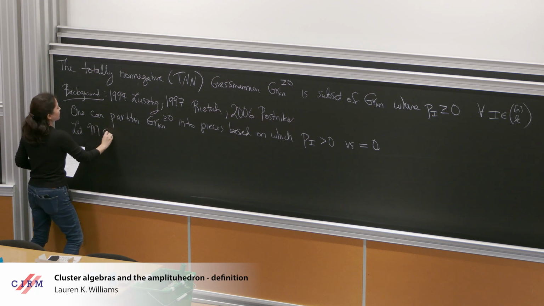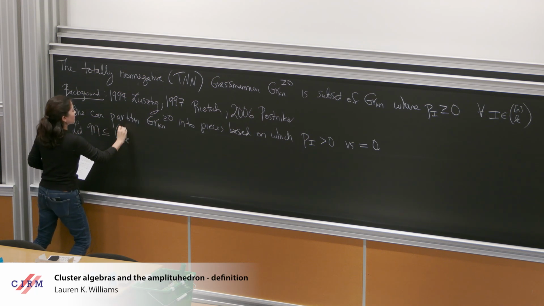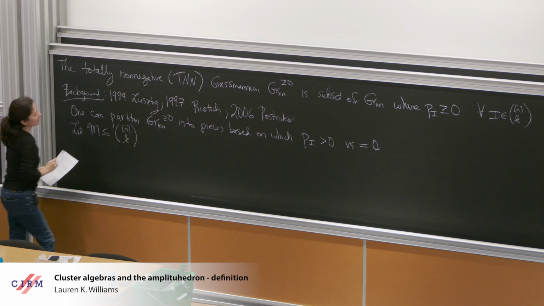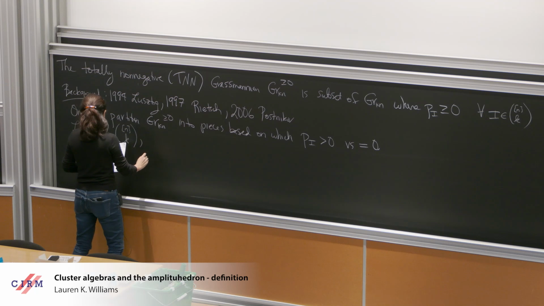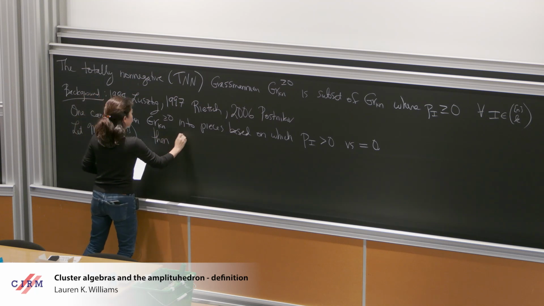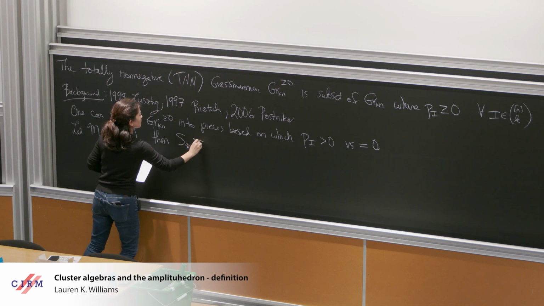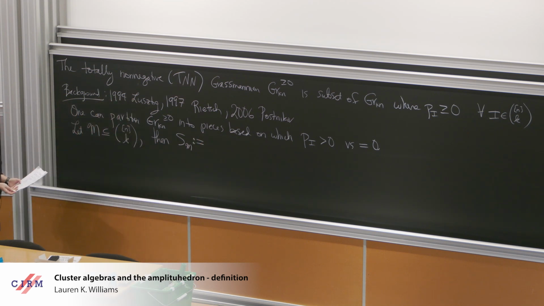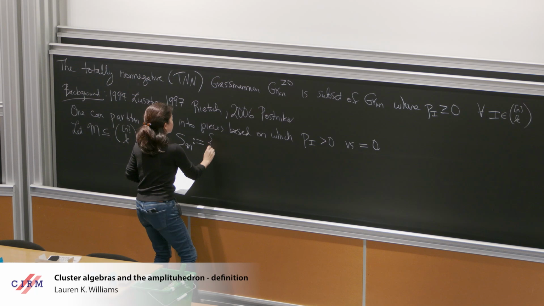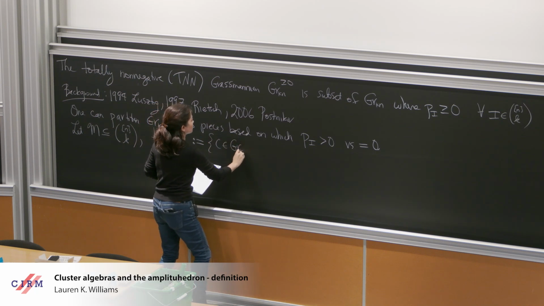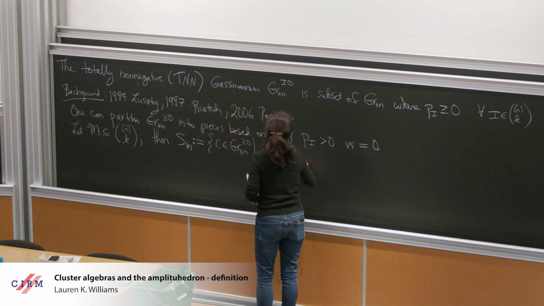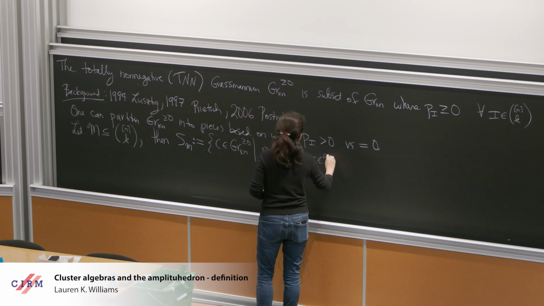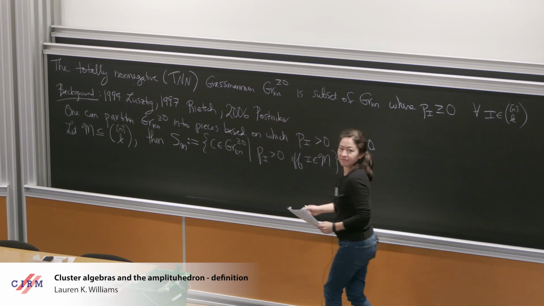So if we let M be a collection of k element subsets of 1 through n, then we can define a corresponding subset of the TNN Grassmannian consisting of all elements in the TNN Grassmannian where our Plücker coordinate p sub I is strictly positive if and only if I belongs to our collection.